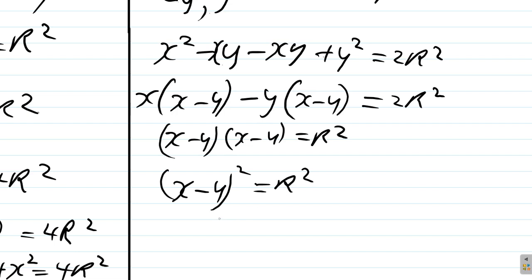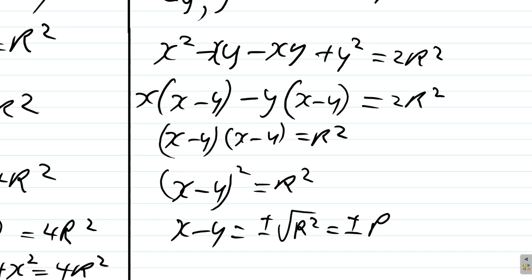Right? x minus y squared would be r squared. So that is telling you that x minus y is really r. But anyway, find the square root. x minus y is equal to positive and negative square root of r squared, which is plus or minus r.